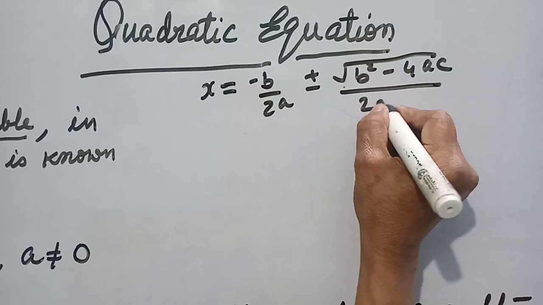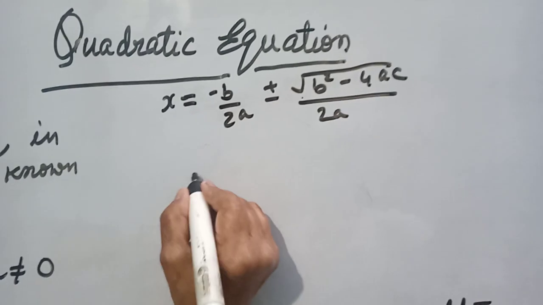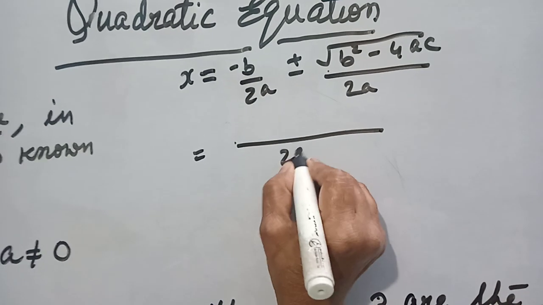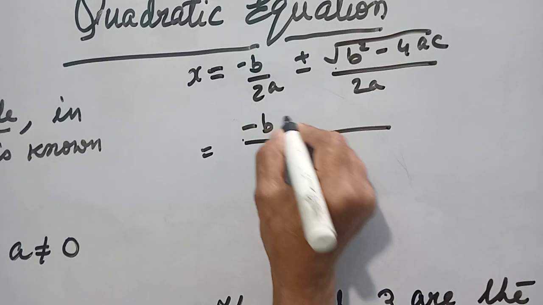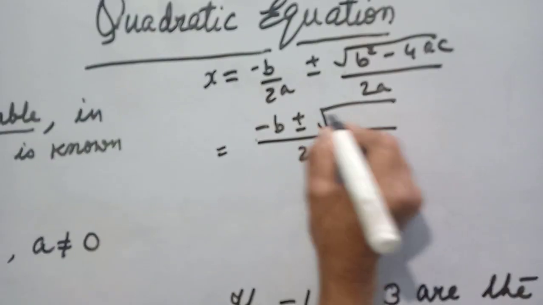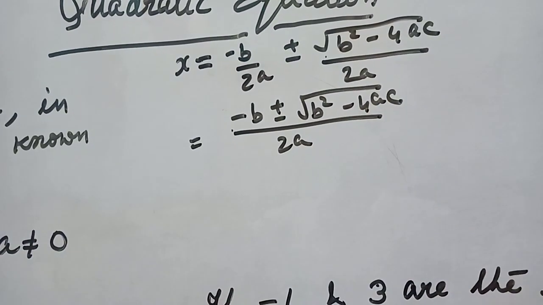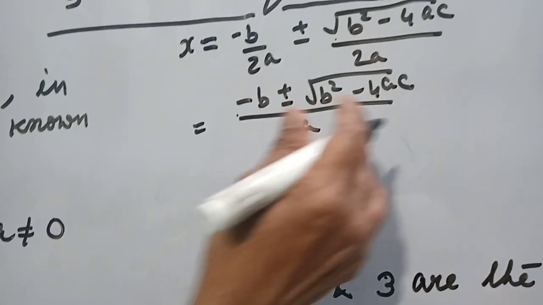So I can again write this, taking 2a common, as x equal to minus b plus minus under root b square minus 4ac, all over 2a. Now the whole equation depends on this.